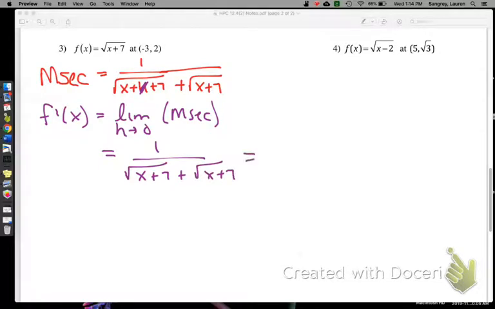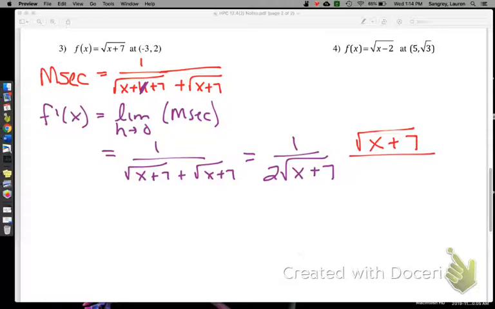Well, isn't that the same as 1 over 2 square root of x plus 7? Okay, now if we are going to rationalize, which we probably should, we're going to have to multiply top and bottom by the square root of x plus 7. So the numerator, we're going to have the square root of x plus 7. The denominator, we're going to have 2 times the quantity x plus 7.